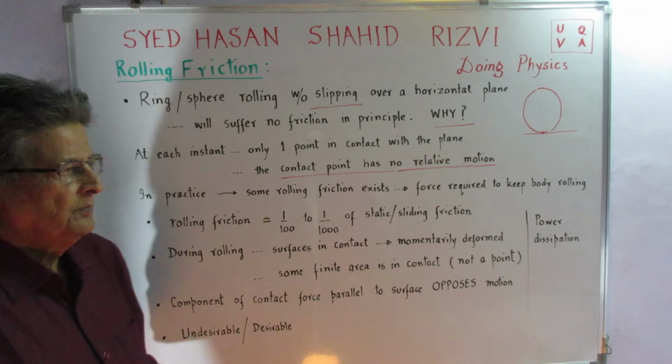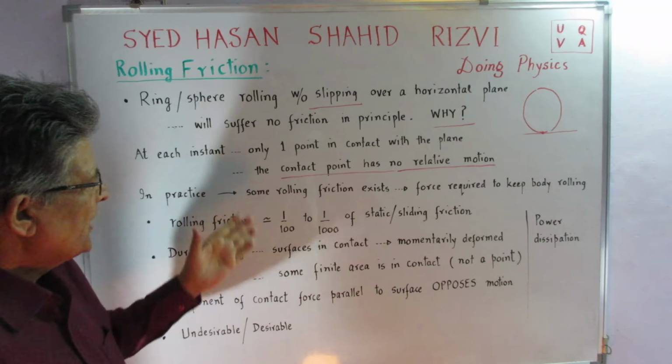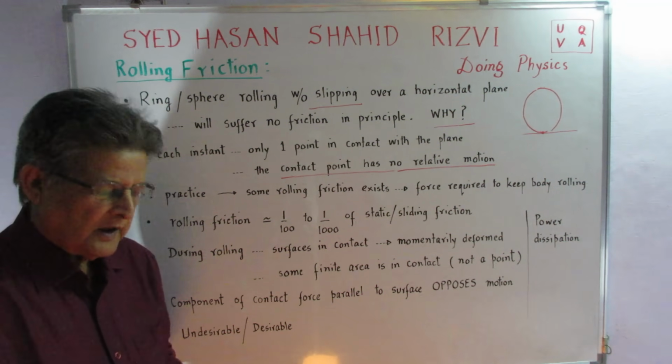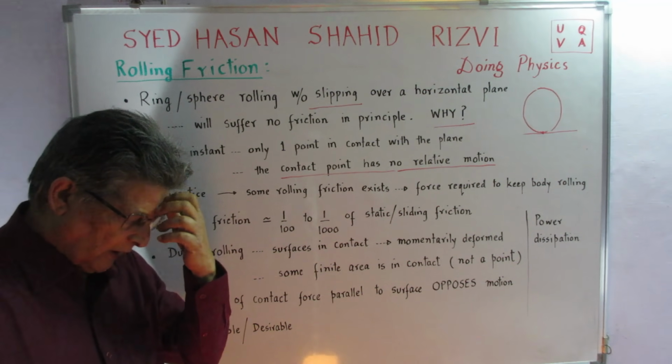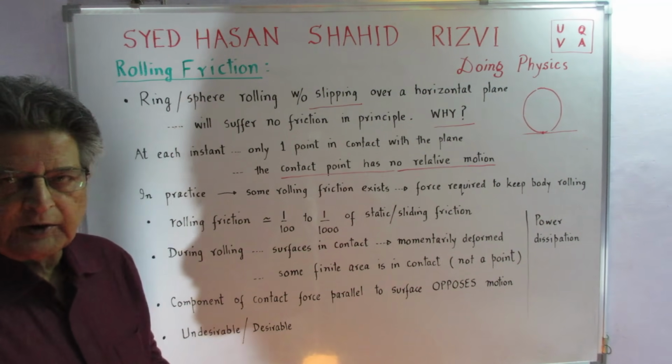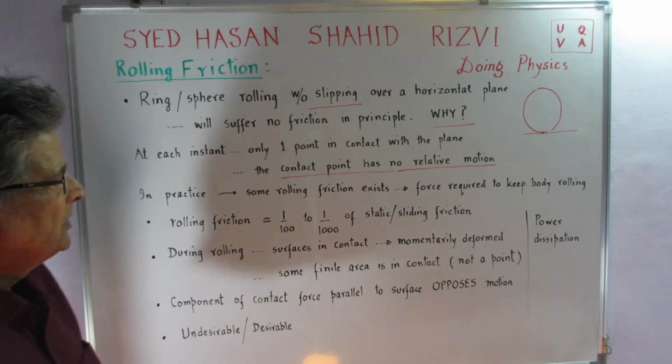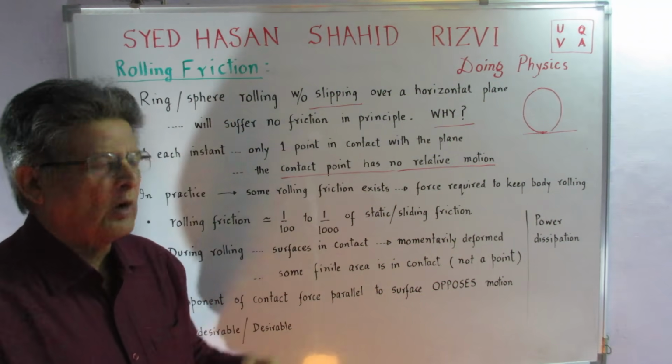In practice, however, some rolling friction exists, and in order to keep the body rolling with the same speed on the plane that we are talking about, some kind of a force is required.